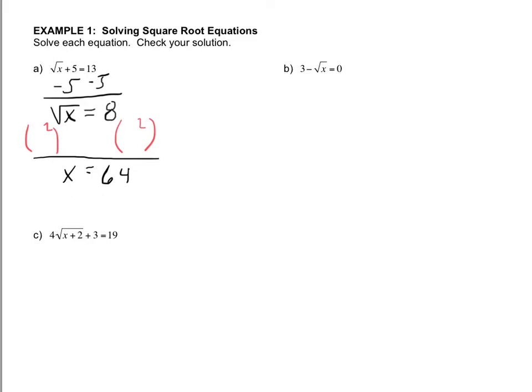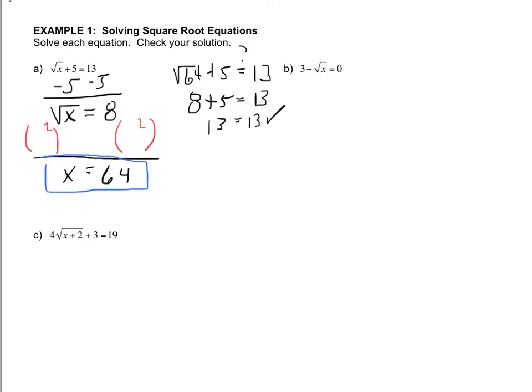So that would be the solution. If I do a quick check, I do the square root of 64 plus 5. It should equal 13. The square root of 64 is 8, plus 5 equals 13. 13 equals 13. So that verifies that we have the correct answer, x equals 64.